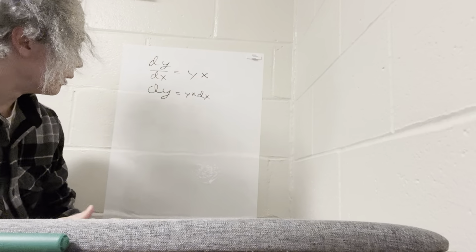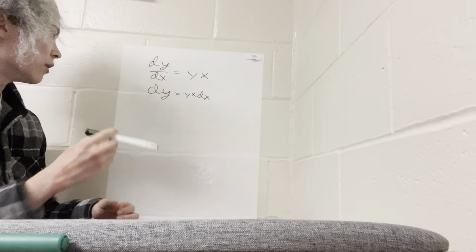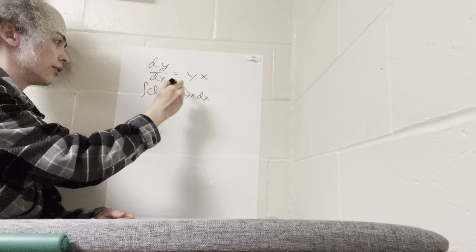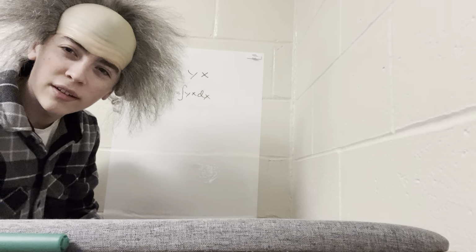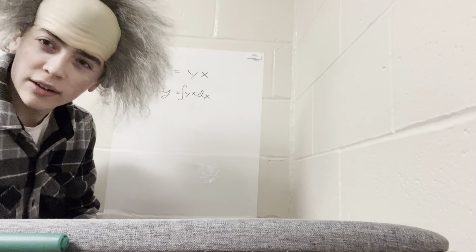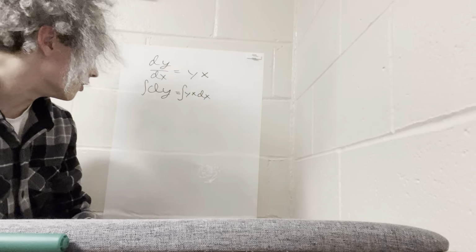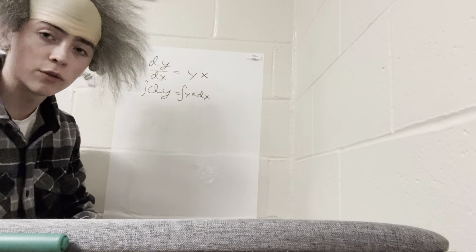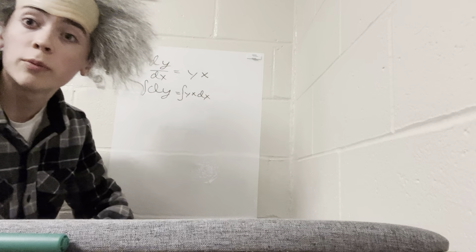Okay, but we can't just simply integrate from here, because if we integrated both sides, I'll tell you why this is wrong. You have this y in the integrand, and you cannot have two changing variables in your integrand when you're only integrating with respect to one variable.